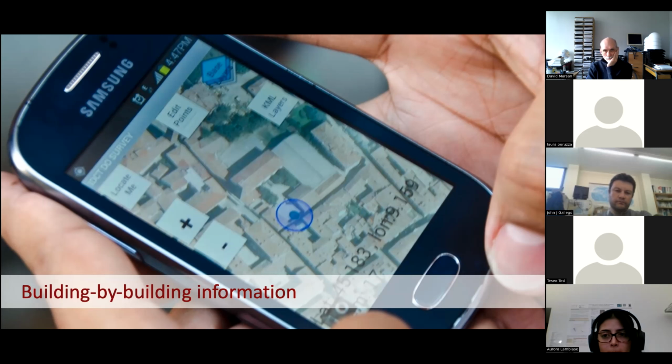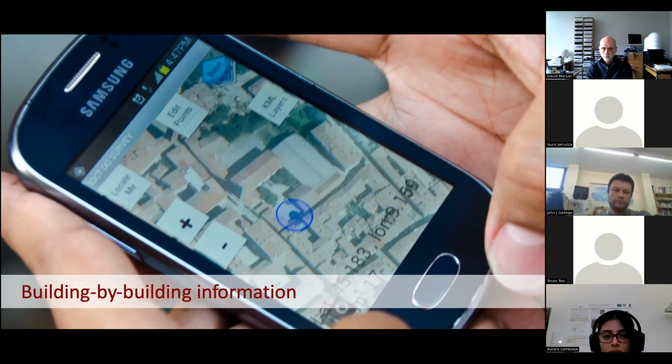In one afternoon, they went into the city. We divided the city in different regions. In one afternoon, the students collected information from buildings in this area, in this area, in this area. They collected information from 1,500 buildings. We then collected all the data and compiled everything into the same exposure model. And then they ran risk analysis for the city of Pavia.